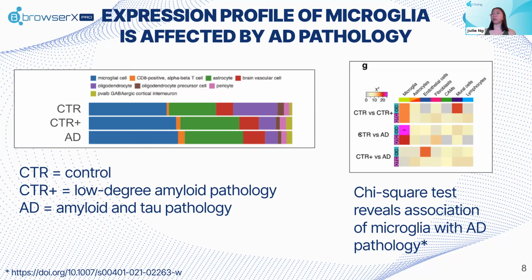What they found is that when they compare a healthy control with their Alzheimer's disease, there is a high association of microglia cell types with AD pathology. Essentially, this is saying that the expression profiles of the microglia cells are changing enough throughout our different conditions, so this would be interesting to explore even further.